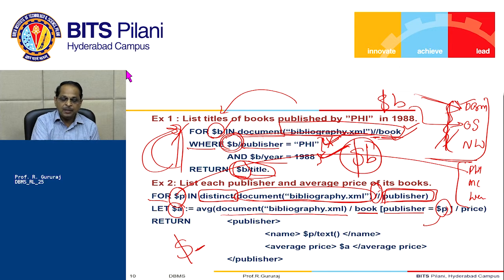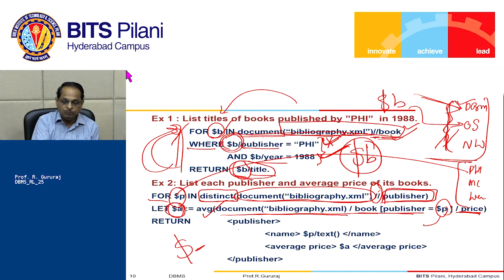That means I am picking up all the book elements where the publisher element value is PHI, and only for such books I am picking up the price, and for all such books I will collect the price and then compute the average and store it in $a. Now $a contains the average price value for all the books published by PHI.